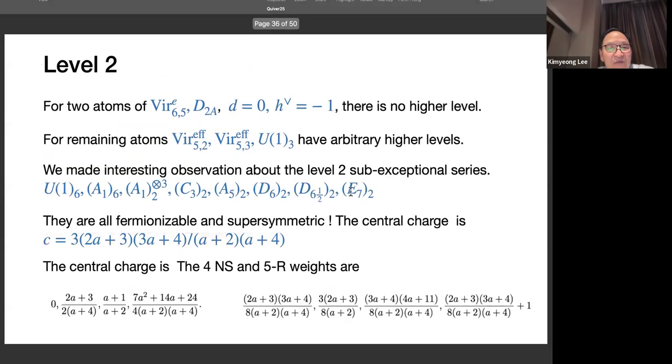And this time, we noticed that especially the sub-exceptional series, level 2 sub-exceptional series. So level 1 is U1 level 3, A1 level 3, A1 level 1 cubed, C3 level 1, and now it's a level 3 series. So then the level 2 series, and this level multiplies 3 to 6, 3 to 6, and 1 to 2, and so on. And for this series, there is something remarkable.